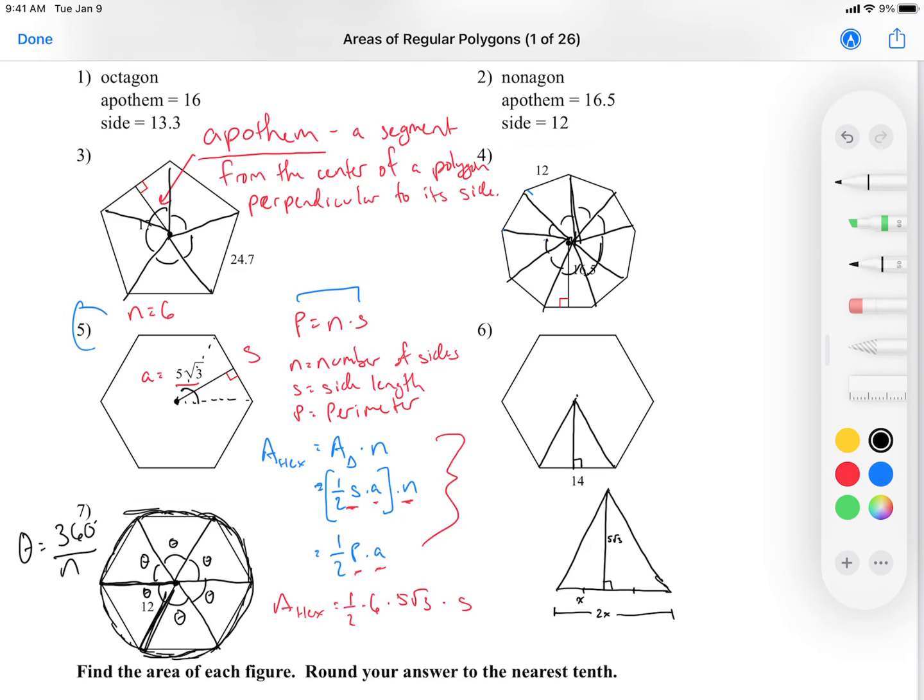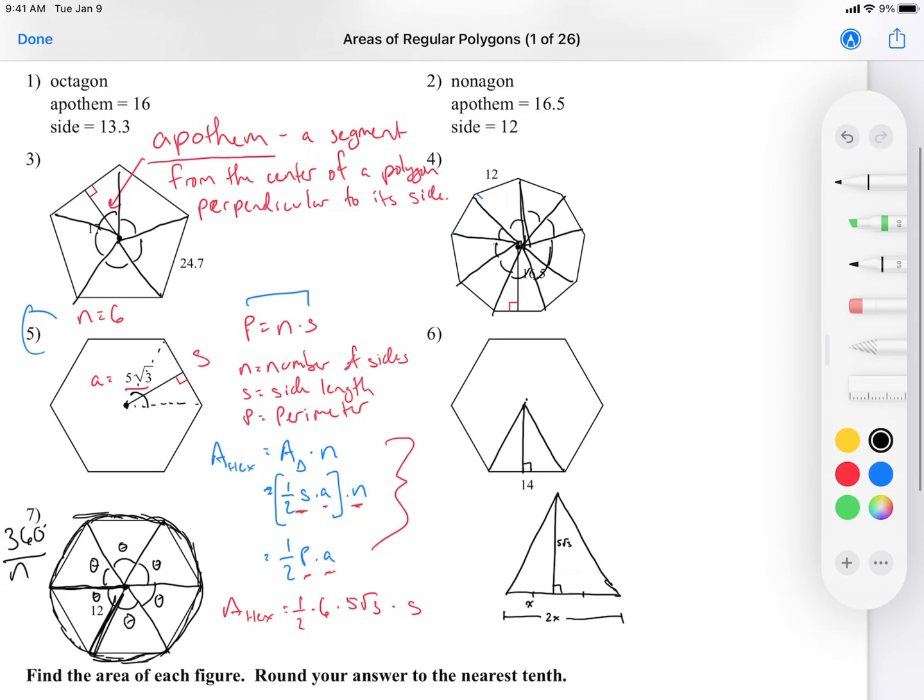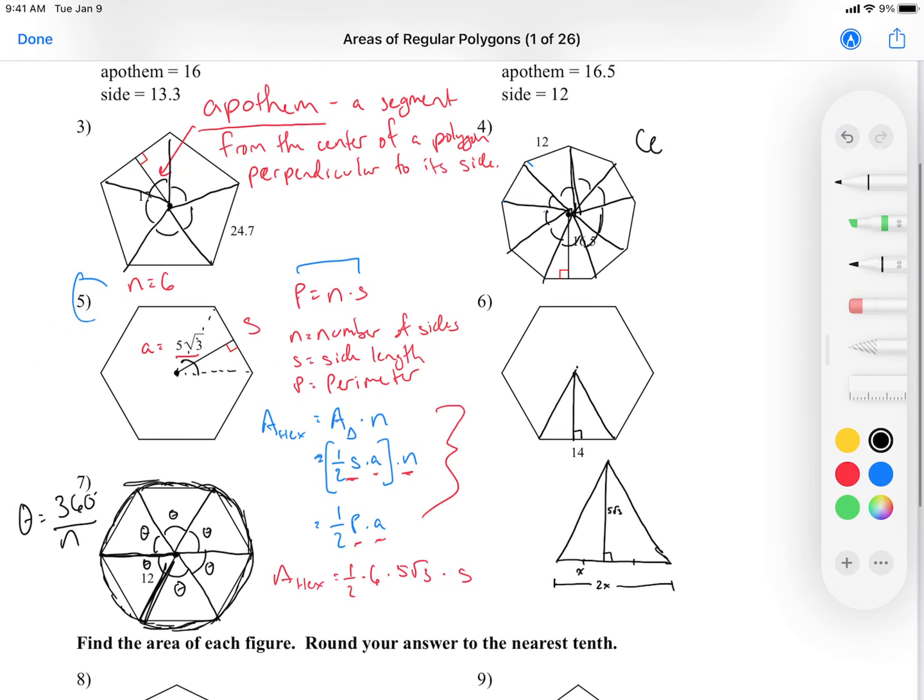So in order to find the central angle, the central angle is always going to be theta equals 360 divided by the number of sides.